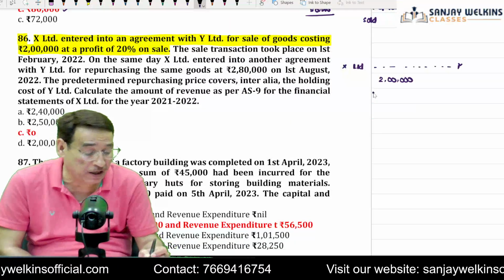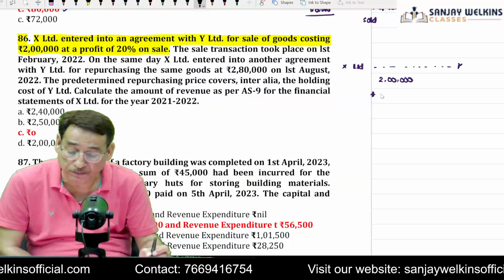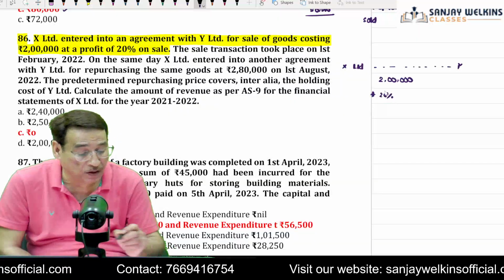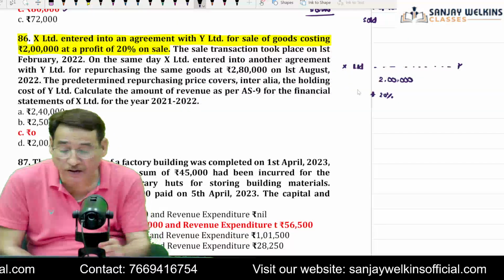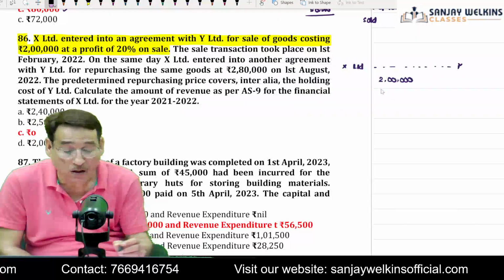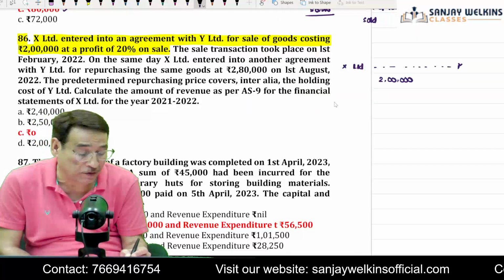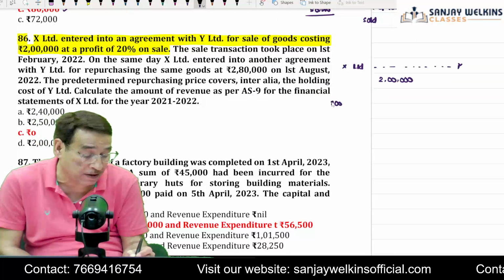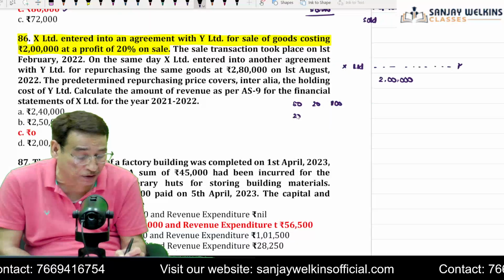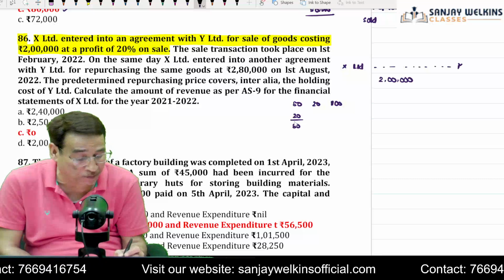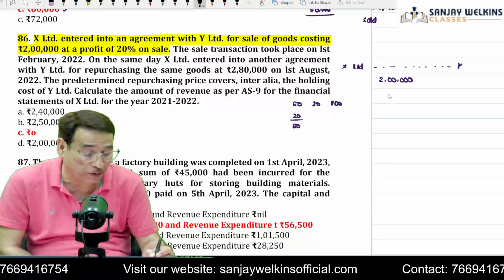Correct? Because this rate of profit is given on sales, selling price is 100, margin is 20, so your cost will be 80. So the rate of profit on cost will be 20 by 80, that is 1 by 4, correct?